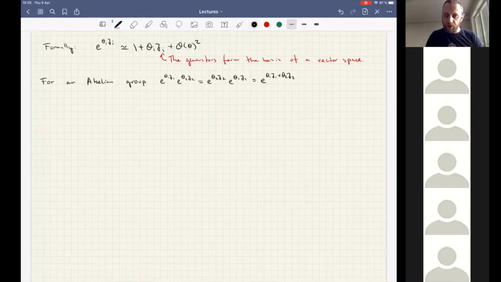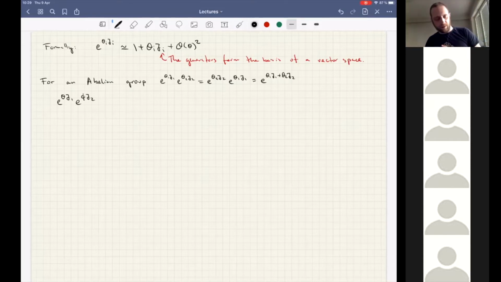So what I want to look at now is the relationship between this left-hand side and this right-hand side. I can make this formal expansion, and I'm going to make it to second order now. I used theta and phi in the lecture notes, so let me do that here also.